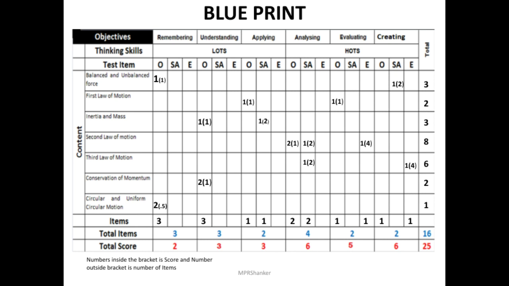So the blueprint is an important aspect as far as constructing an achievement test is concerned. From here onwards, we will be completely depending upon the blueprint to create the test items, finalizing the test paper, etc.